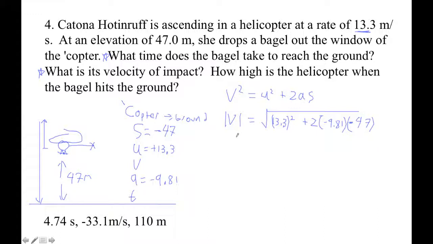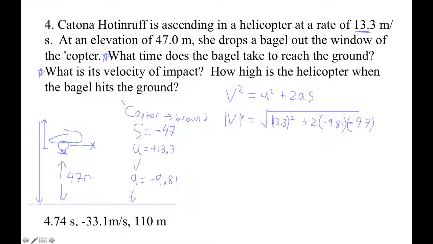So let's see how this works. That's what we expect, right? It's going to hit the ground faster than 13.3. So let's see, 13.3 squared plus 2 times negative 9.81 times negative 47. You could, of course, make those both positive, but I'm making them negative in a righteous way.